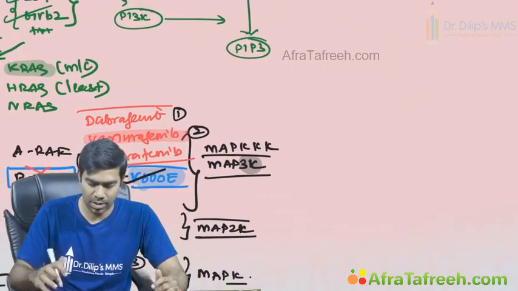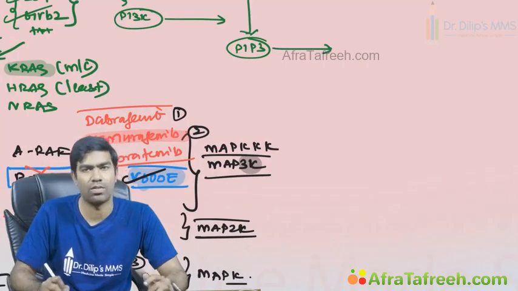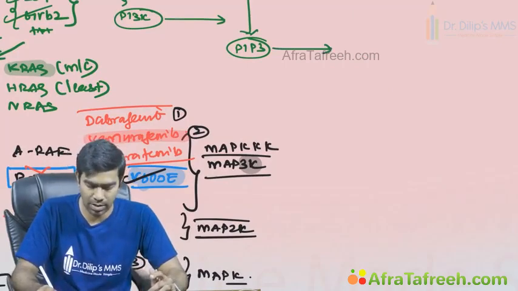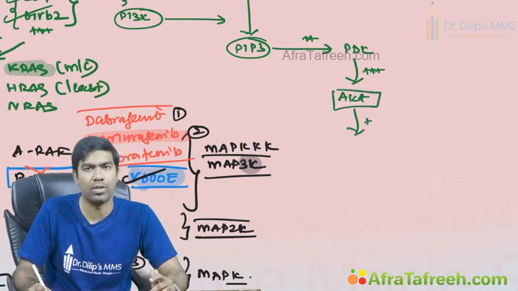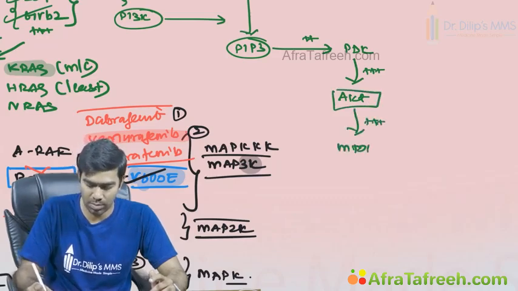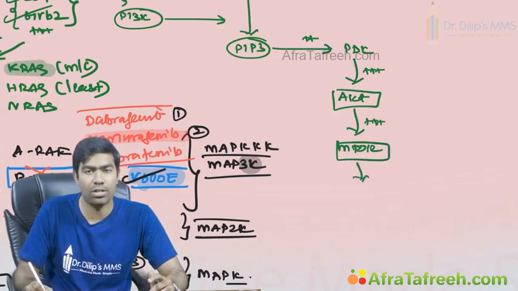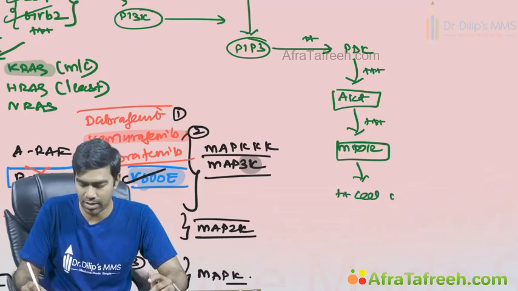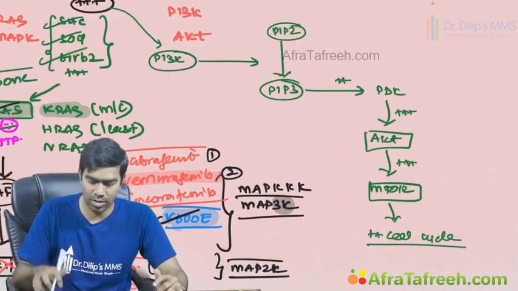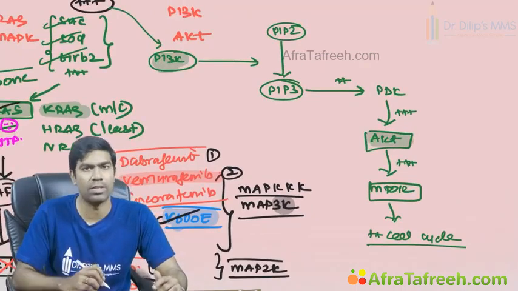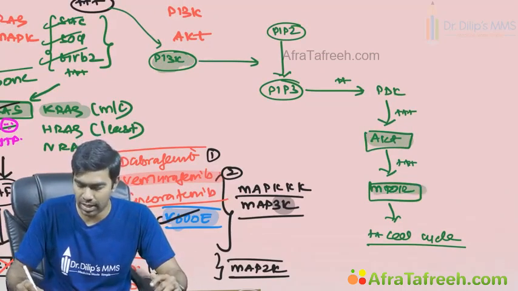This PIP2 to PIP3 conversion is very important because this PIP3 is going to activate a molecule called PDK, a kinase, which is further going to activate another molecule called AKT, and this AKT is going to activate downstream another protein called mTOR. This mTOR is the one that is going to activate the cell cycle, and they're going to promote growth again. So that is why this is also referred to as the PI3K AKT pathway, or you can write it as the PI3K AKT mTOR pathway.